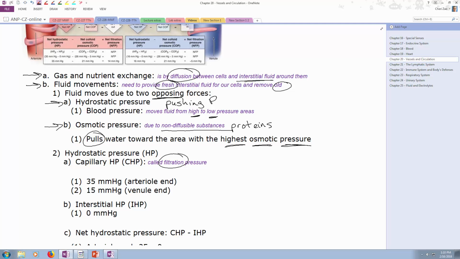And remember that we are trying to push the fluid from the capillary lumen into the interstitial spaces.